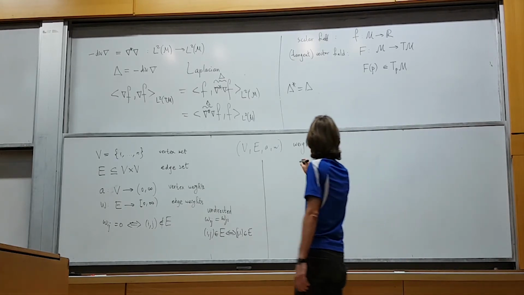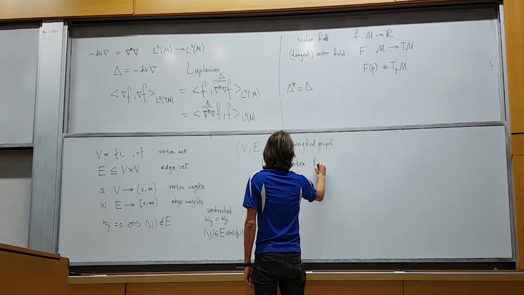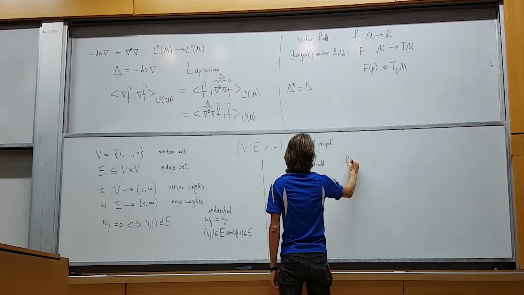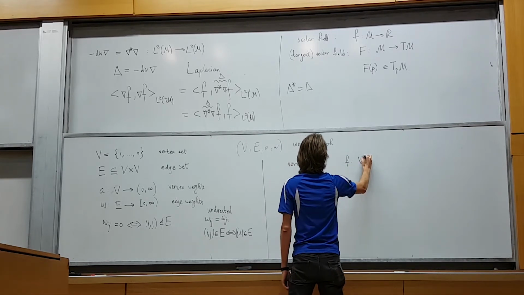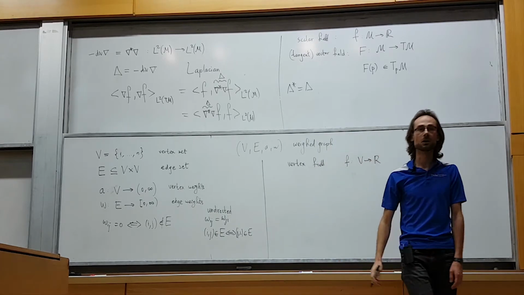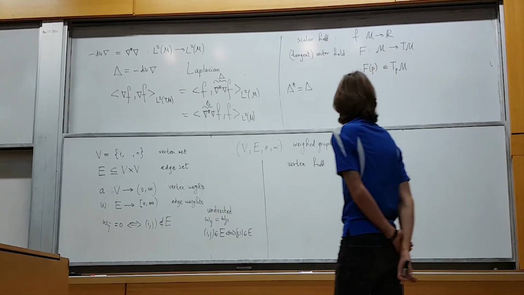I will define a vertex field, which will be a function, let's write it lowercase f, on the vertex set. Real valued function. So you can think of it as a vector in Rn. If we have n vertices, we basically have this n-dimensional vector representing a scalar valued function on the vertices of the graph.